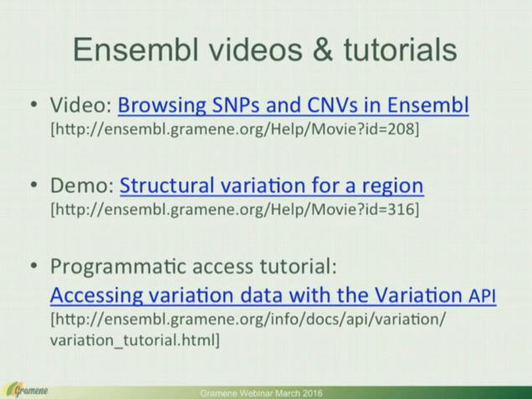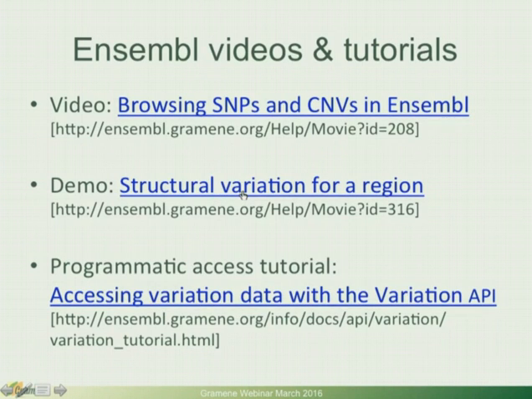Some of the tutorials, if you want to go through what I just showed you with static screenshots, you can see a movie made by the Ensembl team on how to browse SNPs and CNVs.